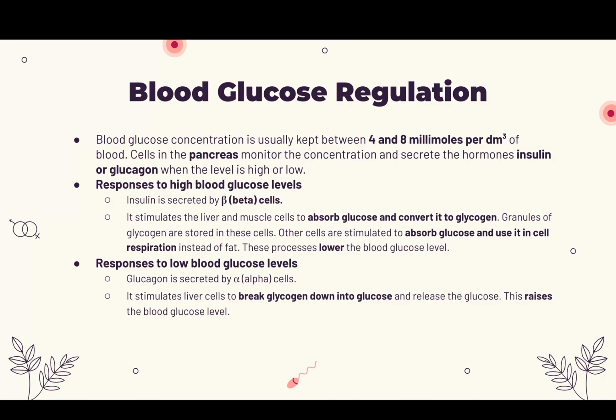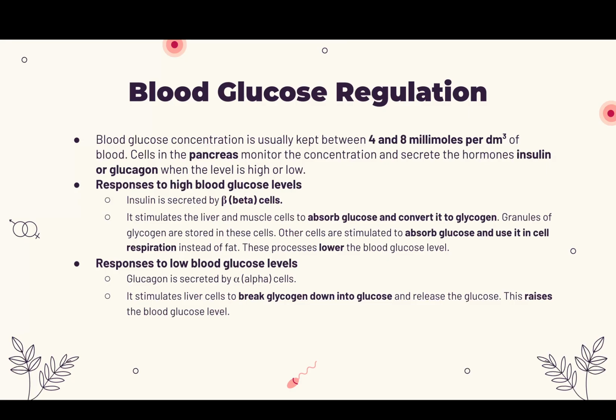To be able to maintain it in this range, there are cells in our pancreas, which is a gland and an organ that assists in a lot of hormone secretion, but in this case, we only need to know about insulin.